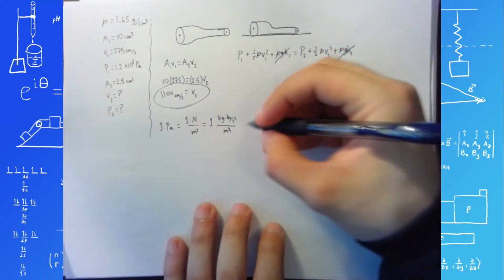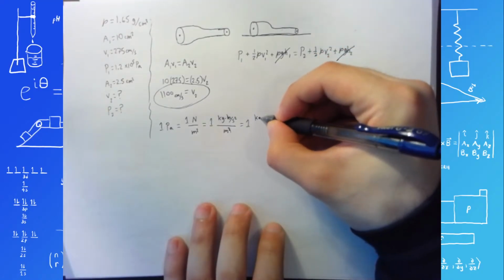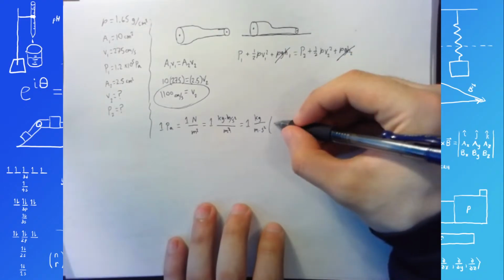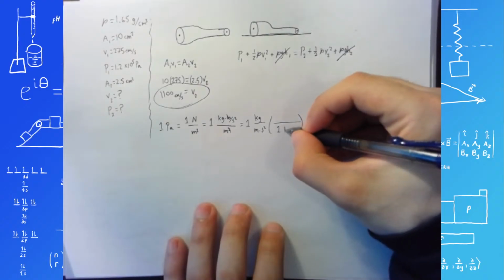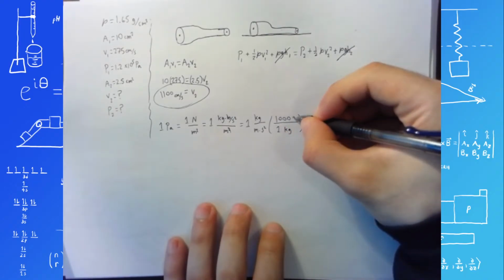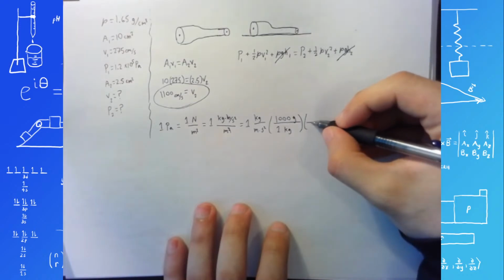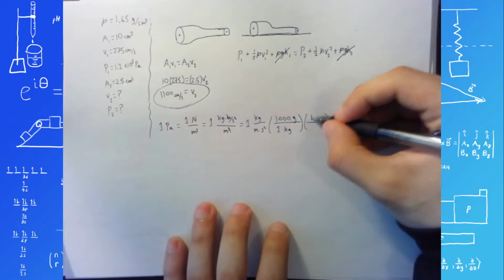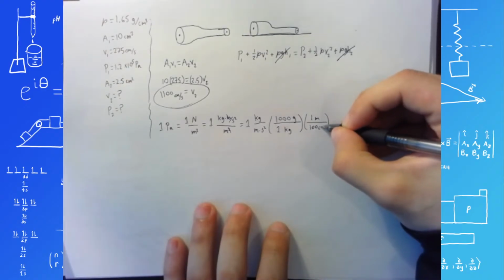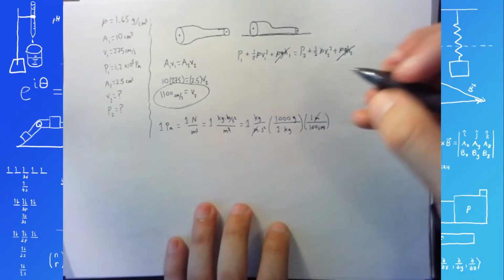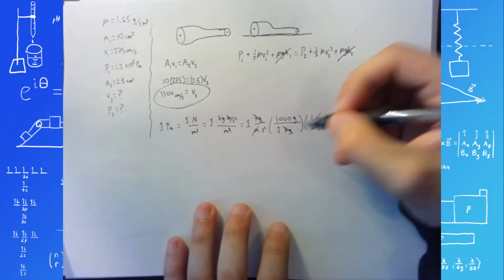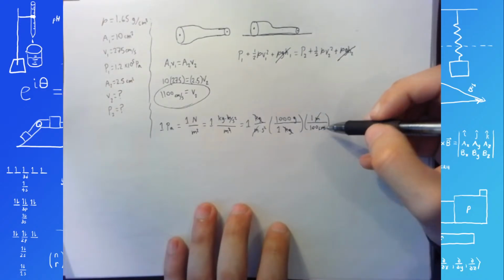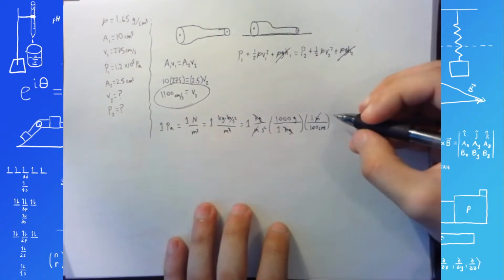Meters can reduce, and that's going to be 1 kilogram per meter second squared. Let's convert that. Converting kilograms to grams, 1 kilogram is 1,000 grams, and convert the meters to centimeters. 1 meter is equal to 100 centimeters. So that cancels out the meters and the kilograms, and now we get grams and centimeters. We're multiplying by 1,000 and dividing by 100, so we're just multiplying by 10.